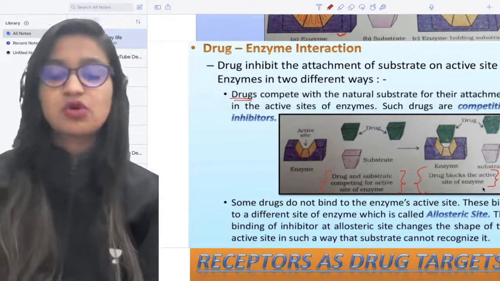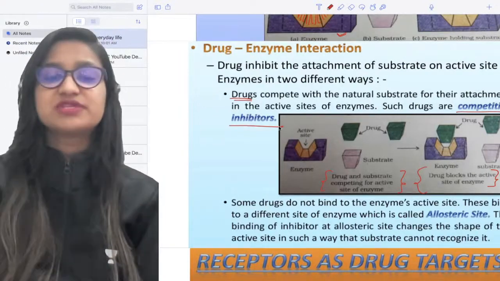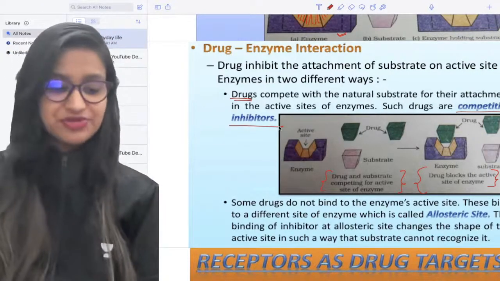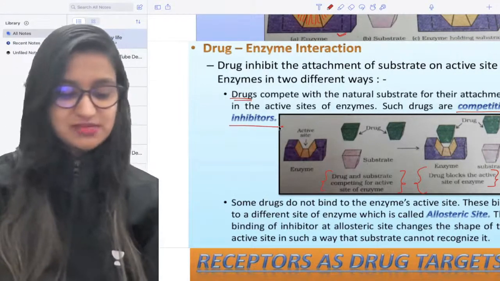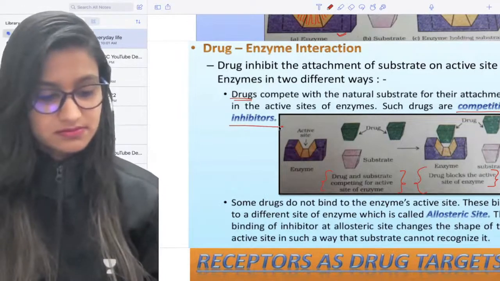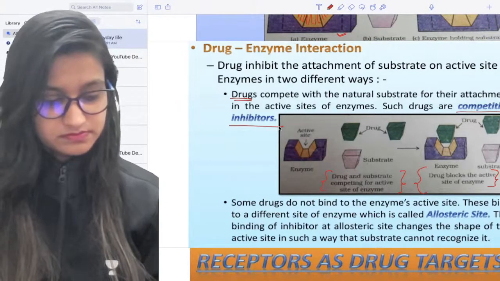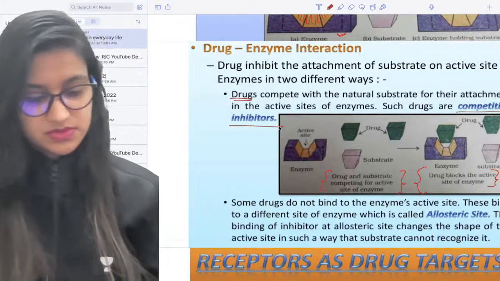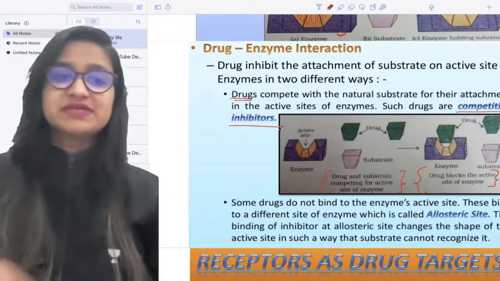These are called as competitive inhibitors, क्योंकि वो कॉम्पीट कर रही होती हैं नेचुरल सबस्ट्रेट के साथ. जो ड्रग्स हैं वो compete with the natural substrates. Okay, so this is the deal with drug enzyme interaction.